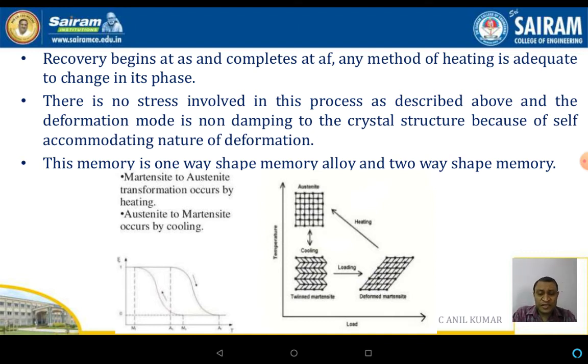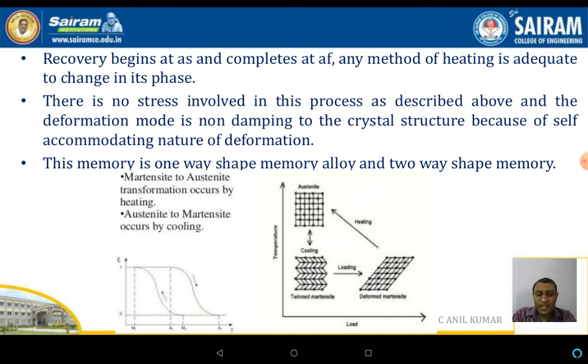As the temperature rises, the crystalline structure starts converting from deformed martensite, the martensite finished stage, to the austenite start condition. As it reaches a particular point, the austenite finish stage is reached.